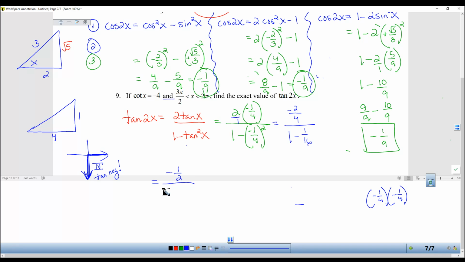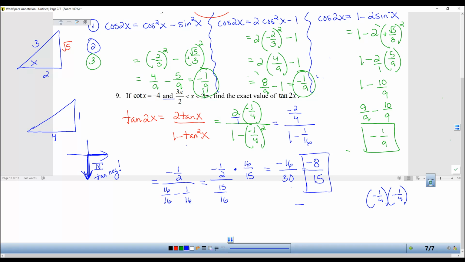I'm just going to go ahead and reduce that. 16 over 16 minus 1 over 16 is 15 over 16, and the top is negative 1/2. And now that you have a fraction over a fraction, you can flip and multiply, or keep, change, flip. So that gives me negative 16 over 30, which reduces to negative 8 over 15.